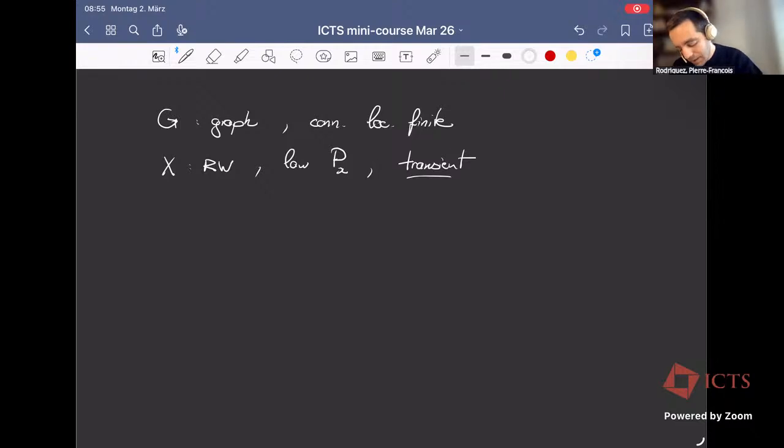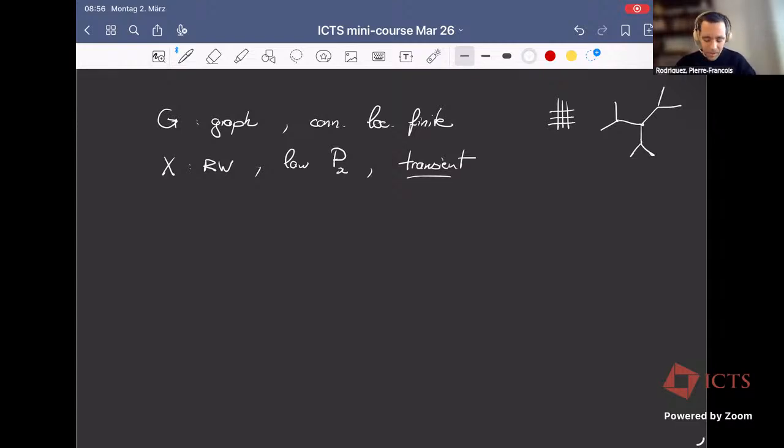You can think of regular lattices like Z^d. Of course, this is 2-dimensional, and if you want transience, then you should take dimension at least 3. You could also think of things which are hyperbolic, like a regular tree or variations thereof.